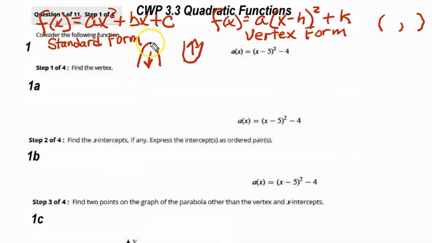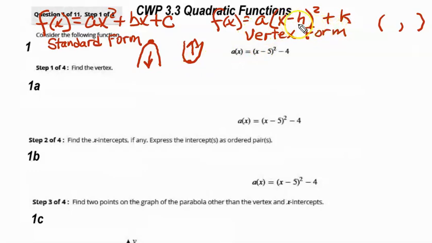The vertex, when A is negative, is the maximum. If A is positive, the vertex is the minimum. And the vertex is this highest point or lowest point. And you could pick it out from this formula.